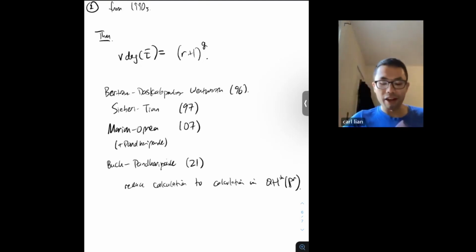So I'm claiming this calculation is kind of easy, but in fact, all of these authors did much more than this. So let me just mention this.